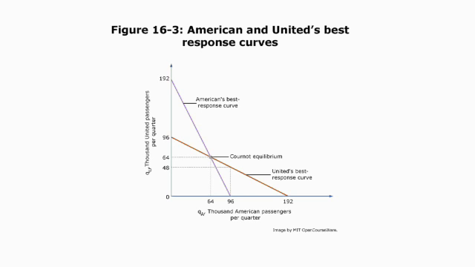Having figured out one, you can automatically draw the other. A trick for solving these problems is, if you have a symmetric Cournot equilibrium, you don't need to calculate the math behind each firm's best response curve. Once you calculate one, you know the other firm's is just a complement of it. So having calculated American's best response curve, we could have automatically drawn the United best response curve as a complement of that.